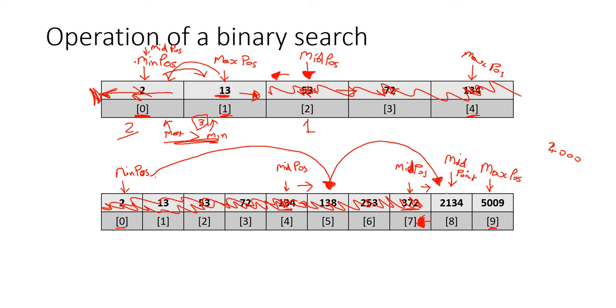So we've got our min point and our midpoint pointing to here, our max point to there, and we look, is that the number we're looking for? It isn't. So everything to the left of that point needs to be discarded.